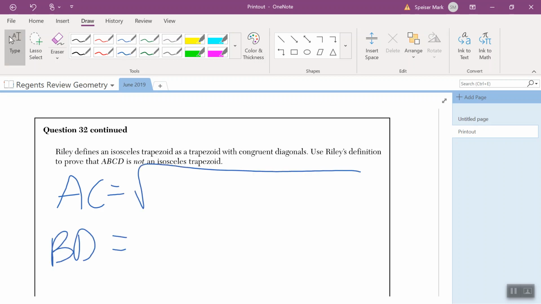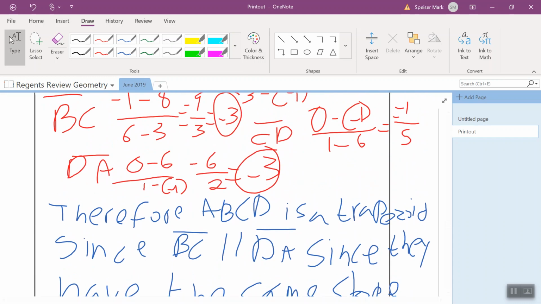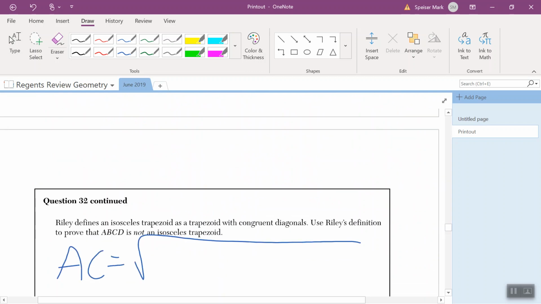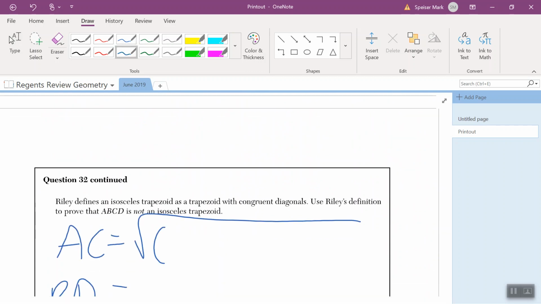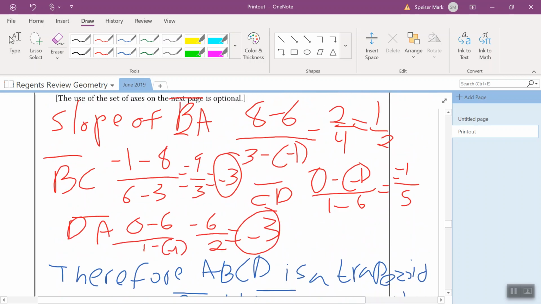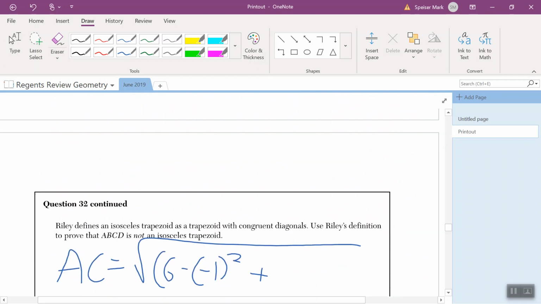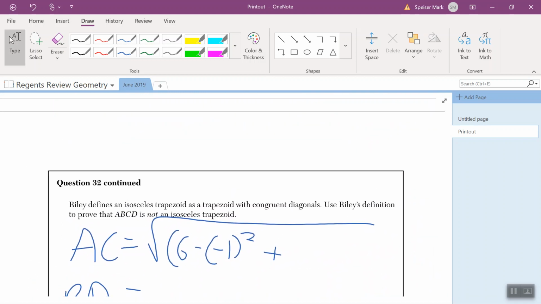Use the distance formula. So AC is the square root of (6 minus -1) squared plus (-1 minus 6) squared.